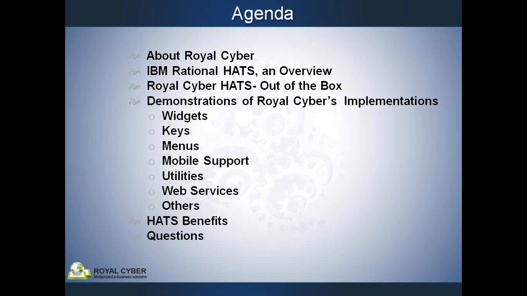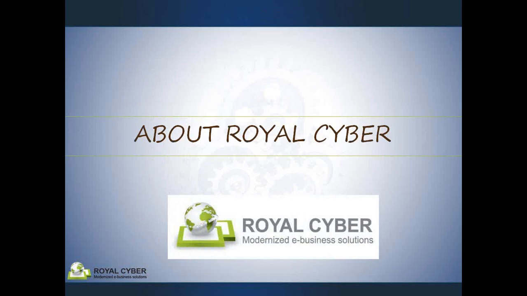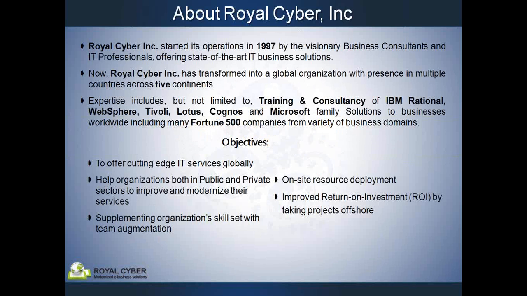So let us start with the brief introduction about us, Royal Cyber. Royal Cyber is a modernized e-business solution provider. We are premier IBM business partners, IBM authorized trainers, and Microsoft certified gold partners.